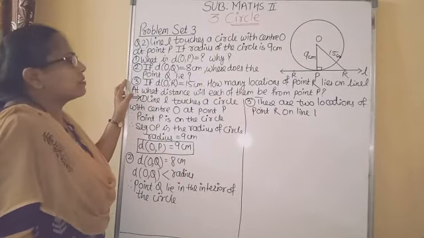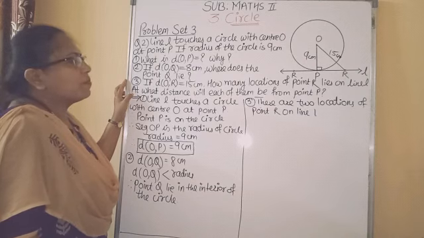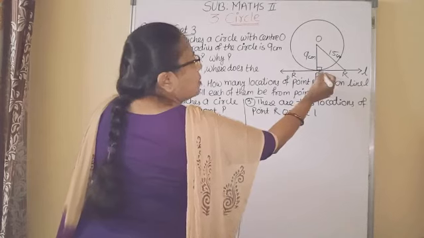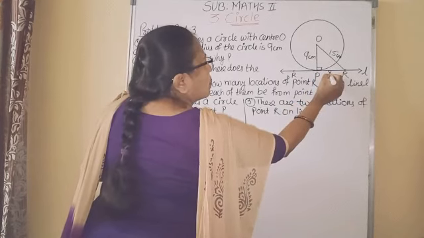At what distance will each of them be from point P? Means we have to find out distance PR.